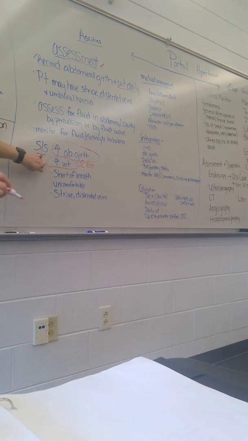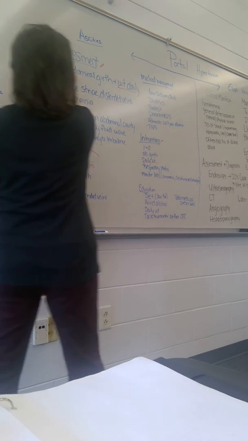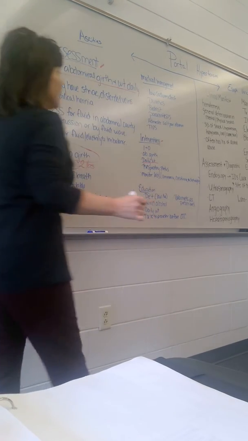Because this should correlate with this. Your abdominal girth should correlate with your daily weight. If their weight is increasing, their abdominal girth may increase as well. So you really want to monitor and check that abdominal girth and that daily weight together.